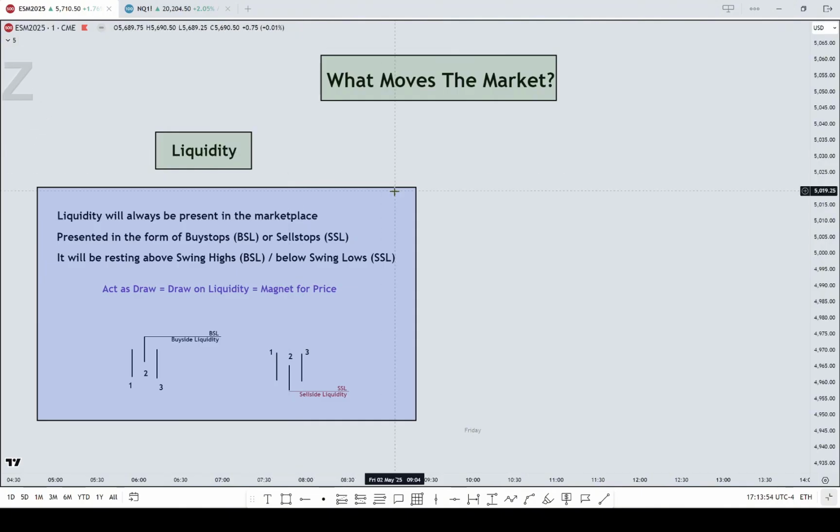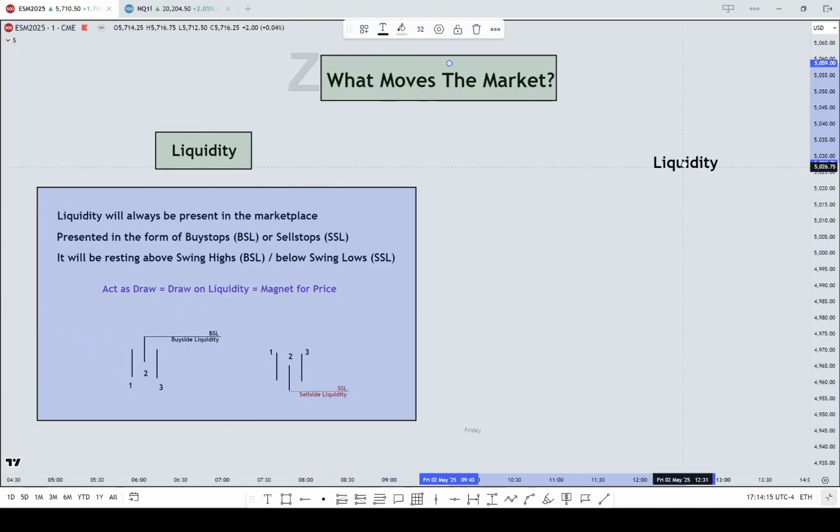If you want to believe in an algorithm, fine; if not, that's fine too. But let's just say that the market is going to seek this liquidity and gravitate towards it. If we are on a sell program, it's going to go to sell side liquidity, and if we are on a buy program, it's going to gravitate towards buy side liquidity.